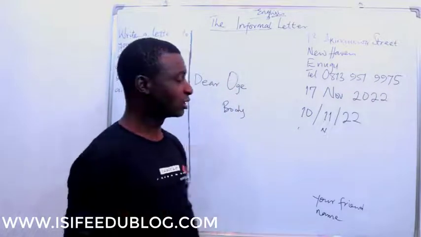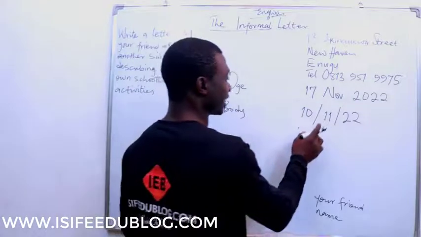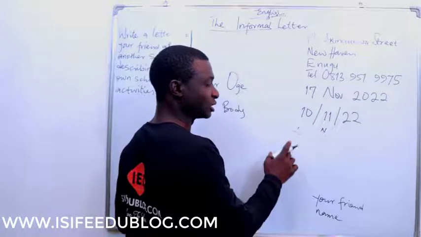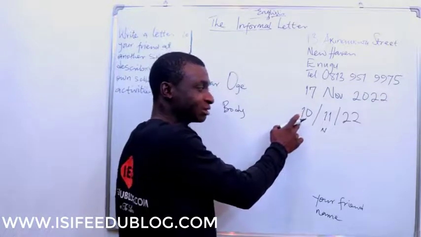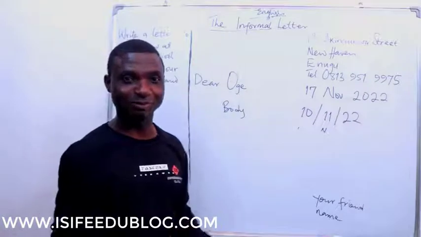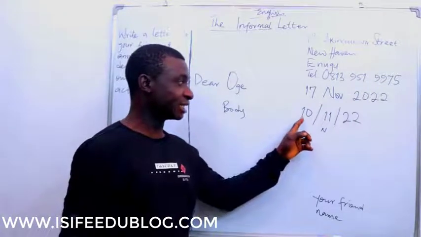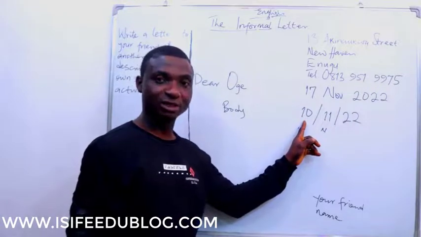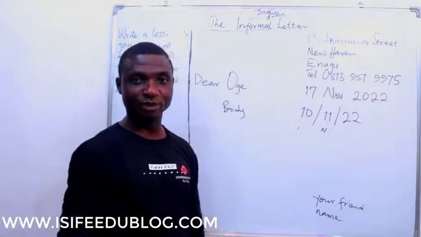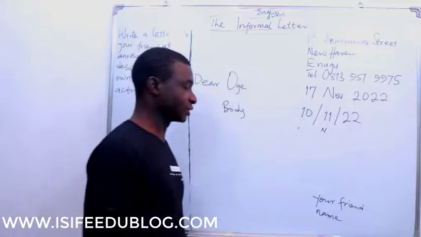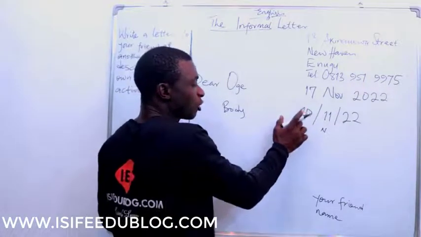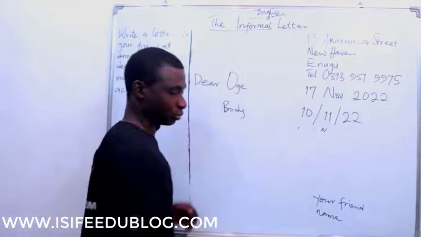But you know what? If this letter gets to China, it would have been written on 2010 November 22. That is the problem. Because in China, the year comes first, followed by the month. The day comes last. If this letter gets to the United States, it will be October 11, 2022.